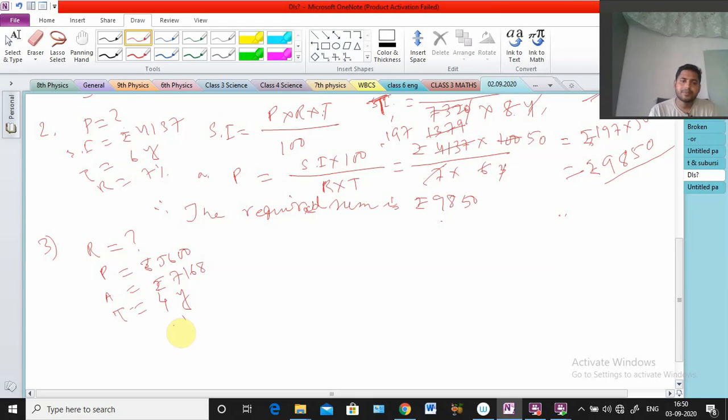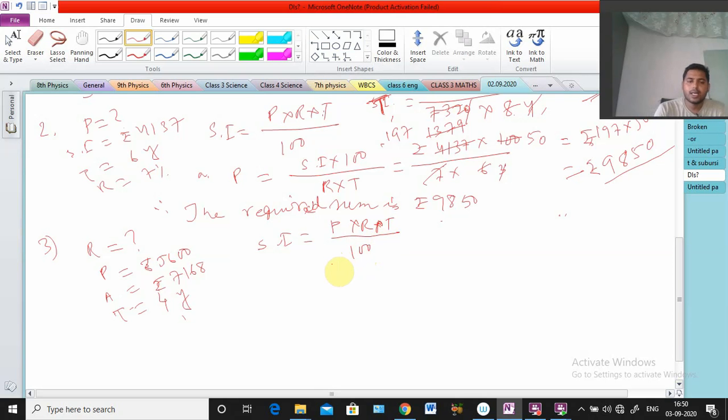Clear or not clear? Okay, so now how to do, sir? At first write the main formula. SI equal to PRT by 100, P into R into T by 100. That is SI.